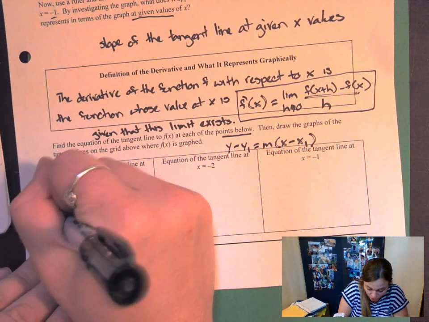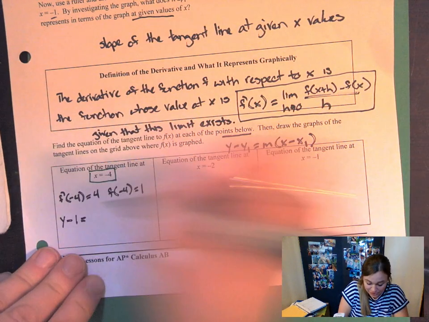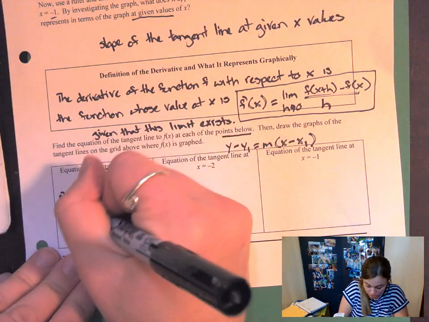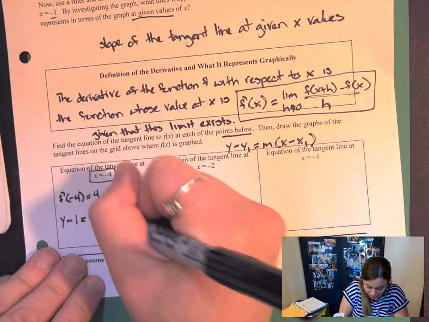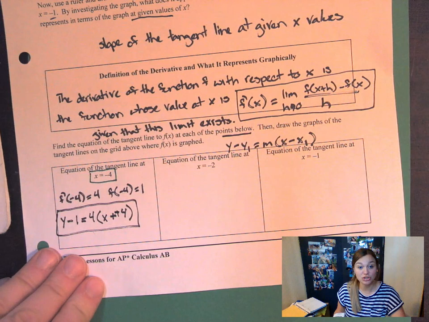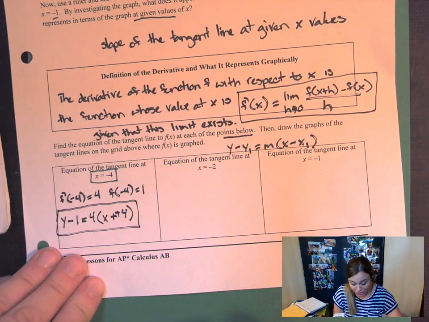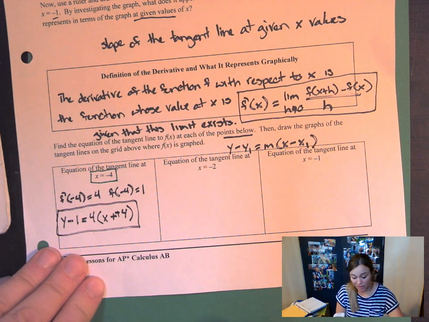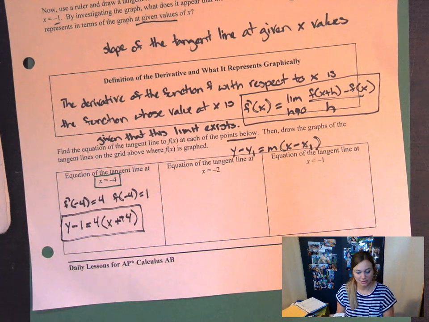And so I'm going to say y minus y1, which is 1, is equal to m, my slope, times x minus x1, minus negative 4. This is it. You can leave your equation just like that. If you wanted to change it and say this is 4x plus 17, you would still be correct to do it that way. It just would take more time.